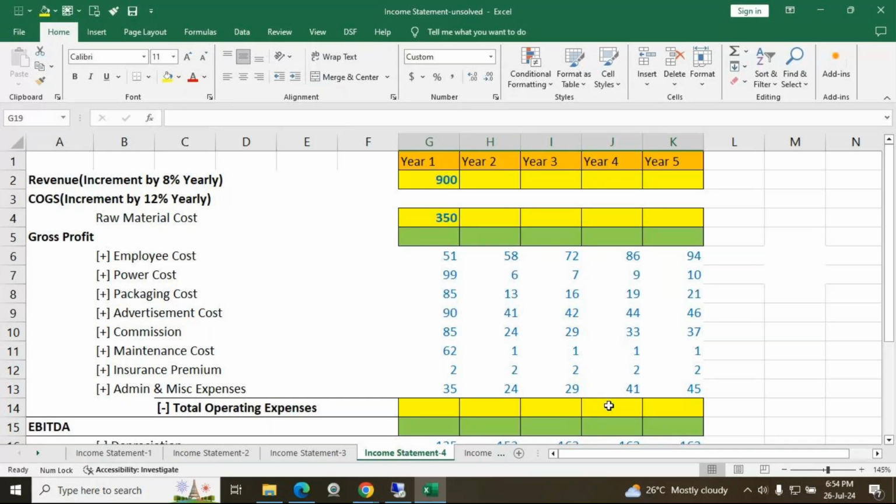Excuse me, ma'am. For the revenue, do we have to take the 8% increment on 900 itself throughout 5 years, or the incremented value? So 8% plus the previous year value. Ma'am, that will be from the second year, no? Yes, that will be from the second year.